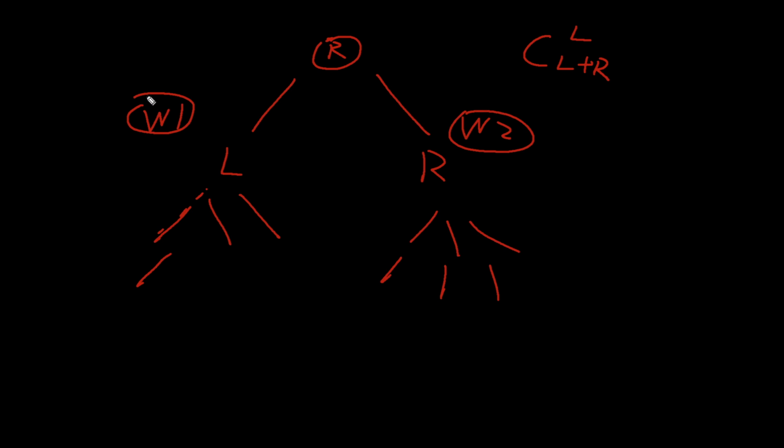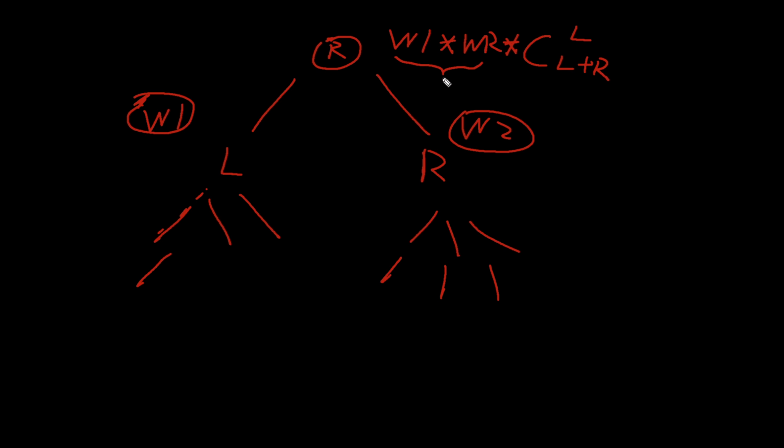For each combination of W1 and W2, we have this many ways. If we have W1 ways to build L and W2 ways to build R, then we simply multiply them together. So this is the combination for the ways of the left tree and right tree.